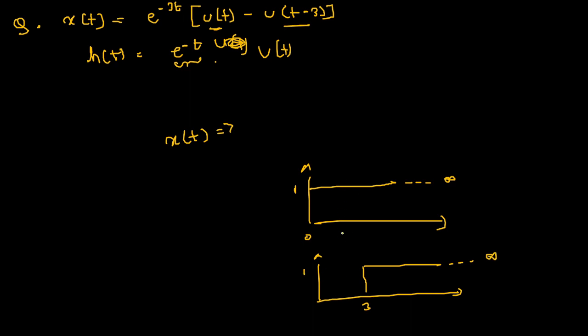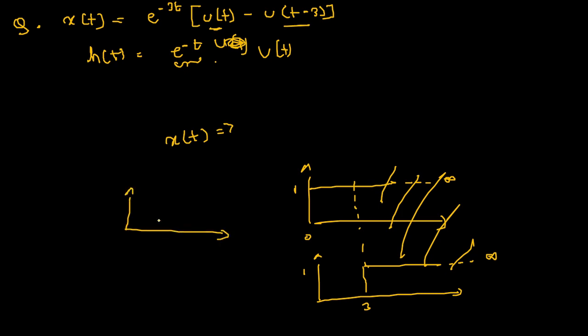So upon subtracting these two, the part after 3 gets removed because you have subtracted this part out. So the only thing that is left is from 0 to 3, you have the value as 1, and after 3, the value is simply 0.